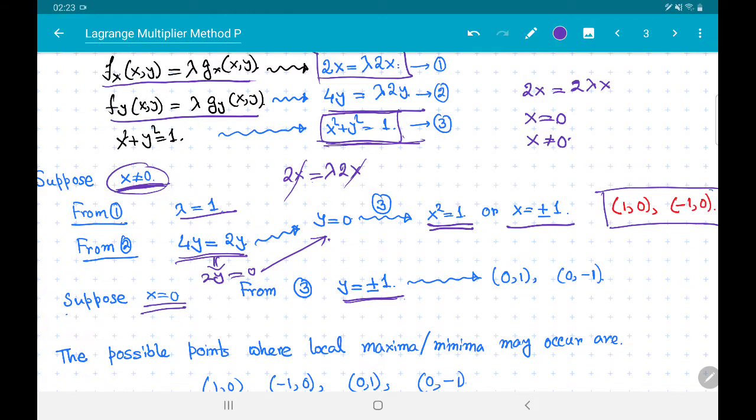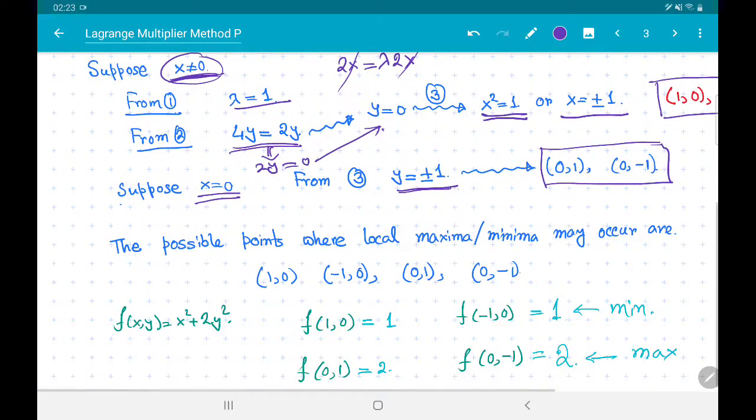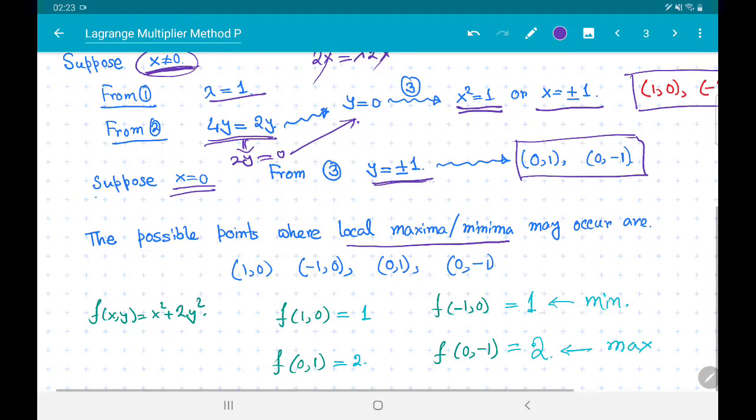Summing up, we get two additional points, 0, 1 and 0, minus 1. So what are the possible points? By the Lagrange multiplier theorem, the possible points where local maxima and local minima may occur are at the following points: 1, 0; minus 1, 0; 0, 1; 0, minus 1.